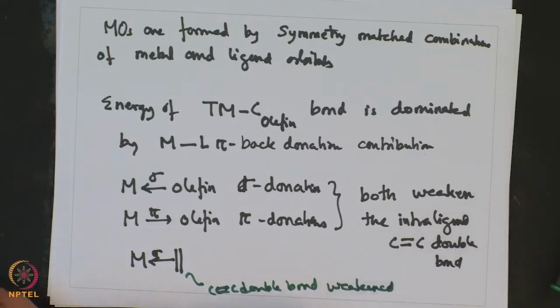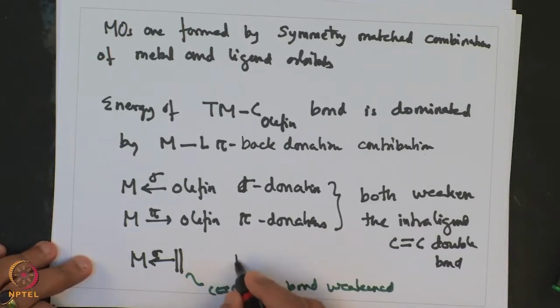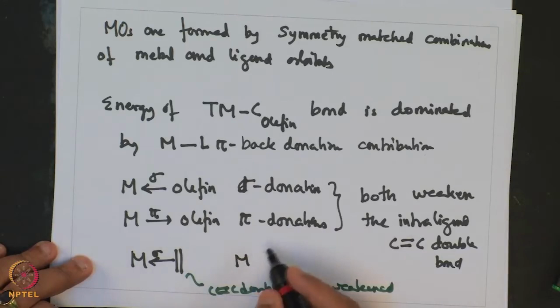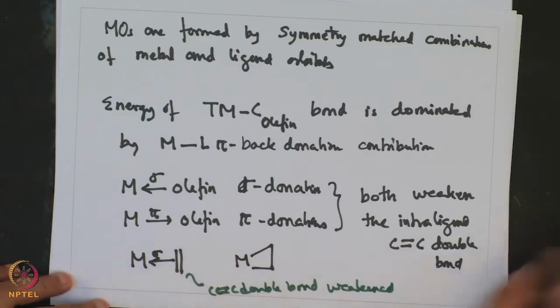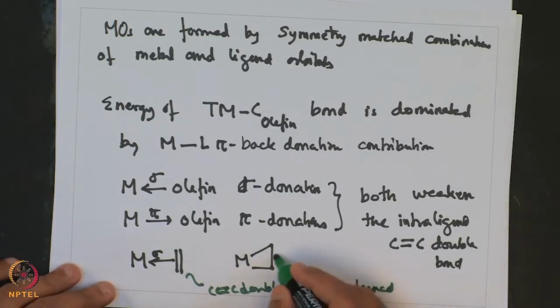Now, in the next case, when there is back donation, as the donation happens into the pi star orbital, that tries to give the cyclopropane intermediate, where this double bond is weakened or even cleaved.